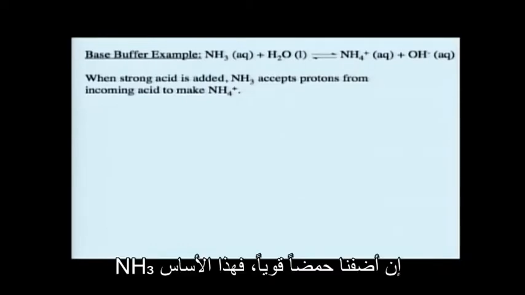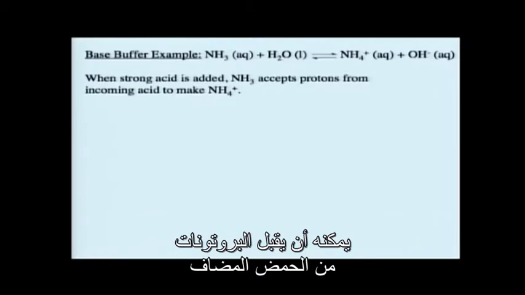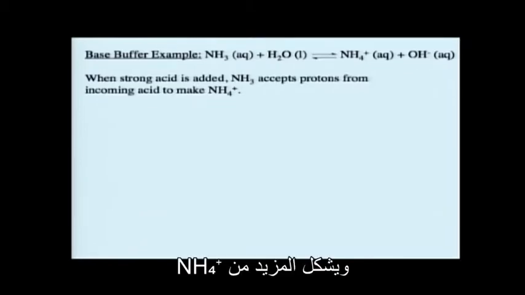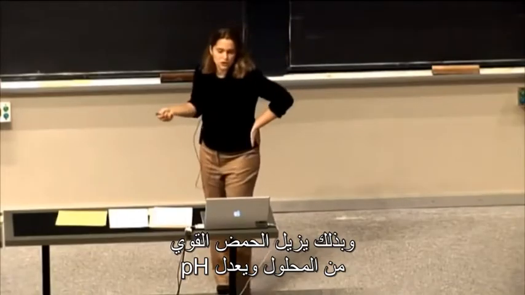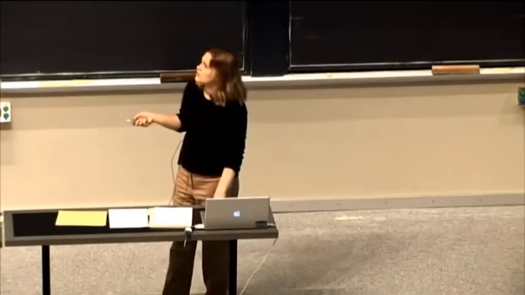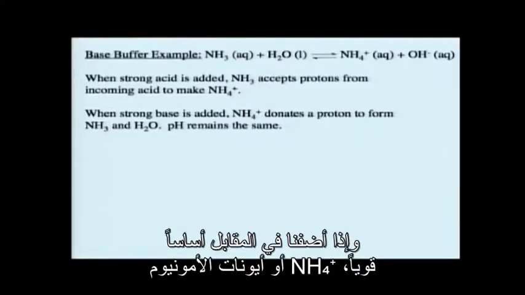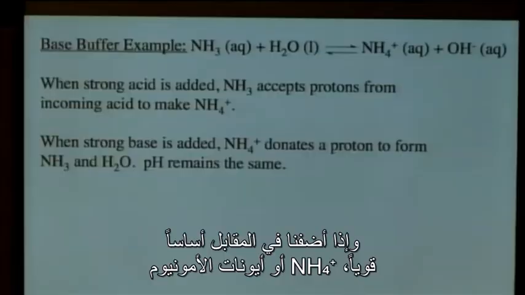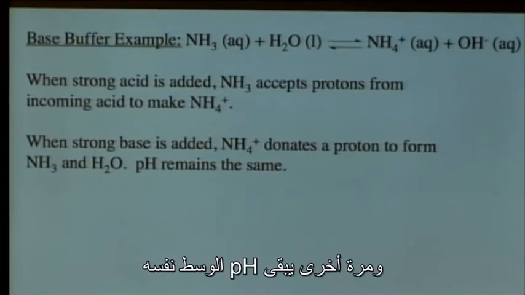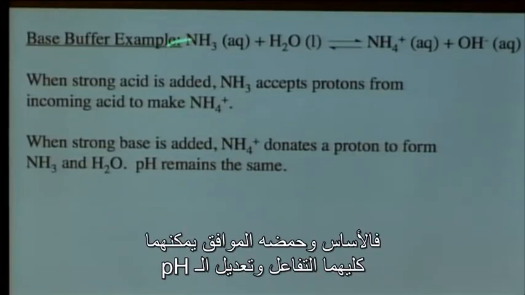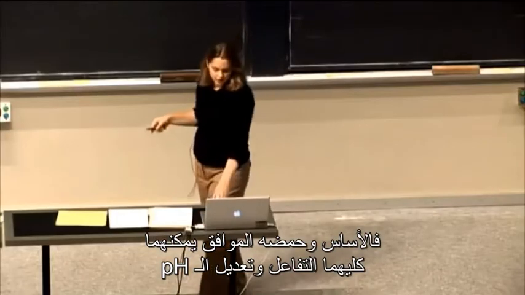If a strong acid is added, then this base, NH3, can accept protons from the incoming acid and make more NH4+, thereby removing the strong acid from the solution and neutralizing the pH. If, on the other hand, a strong base is added, NH4+, or ammonium ions, can donate the proton, forming its conjugate base and water, and again, the pH remains about the same. So the base and its conjugate acid can both react, neutralizing the pH.